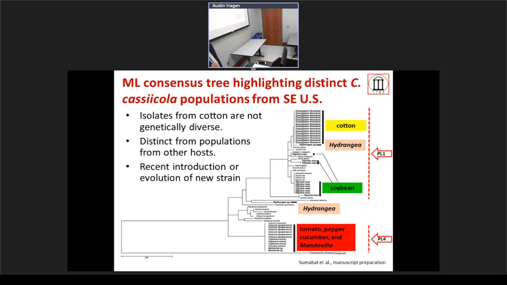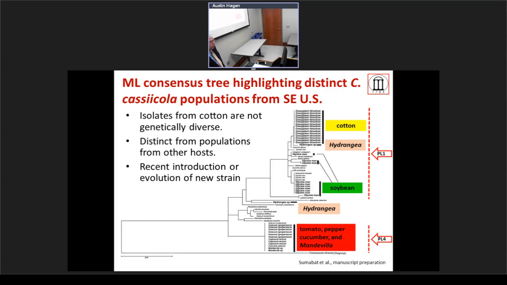There have been some issues with where the isolate from cotton fits within the whole family of Corynespora cassiicola. It turns out it's in phylogenetic lineage 1. There are 6 lineages, and number 1 is where you also find soybeans and a few other crops. It turns out that the isolates from cotton are not very genetically diverse, as you can see from the consensus tree, and they're distinct from other populations on other hosts.